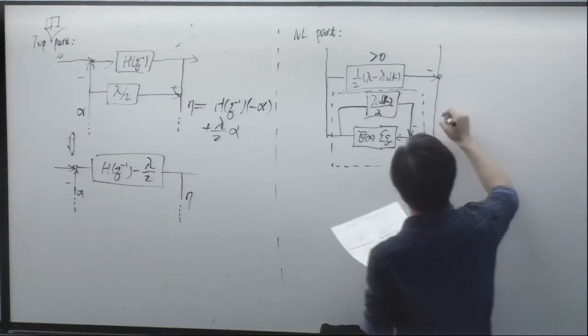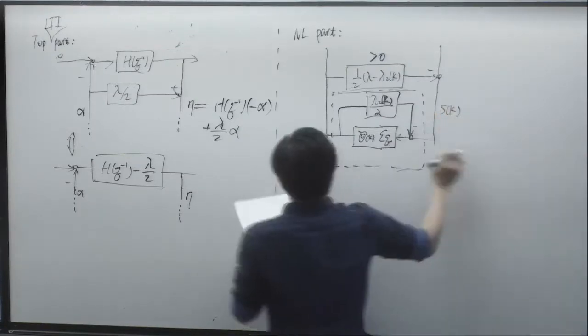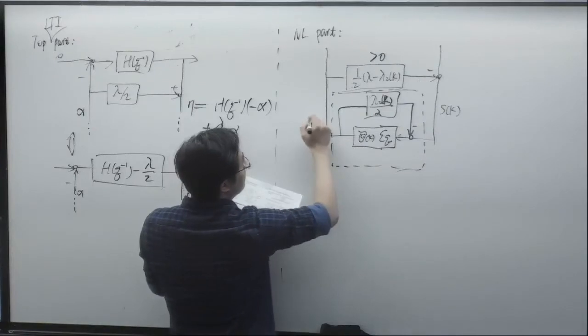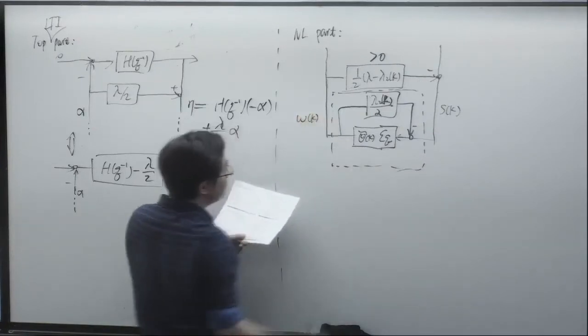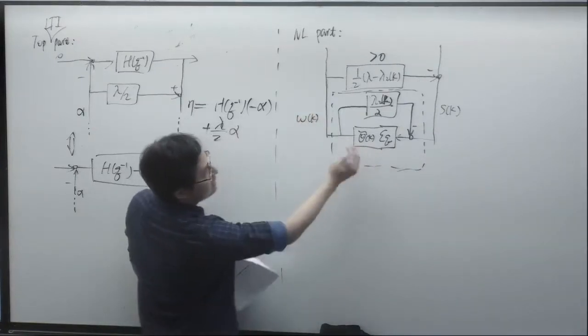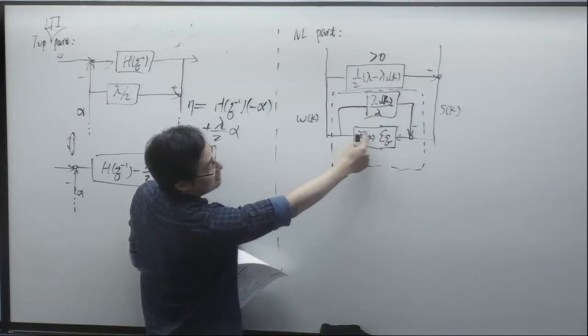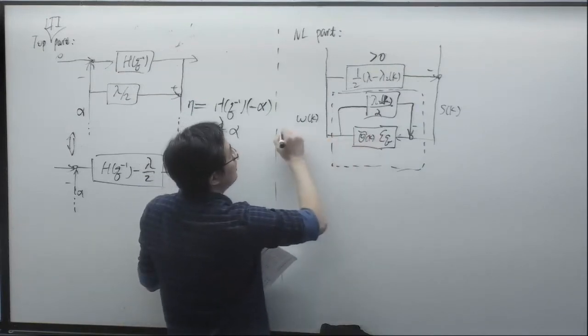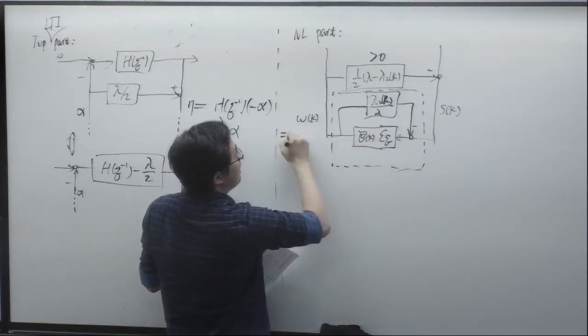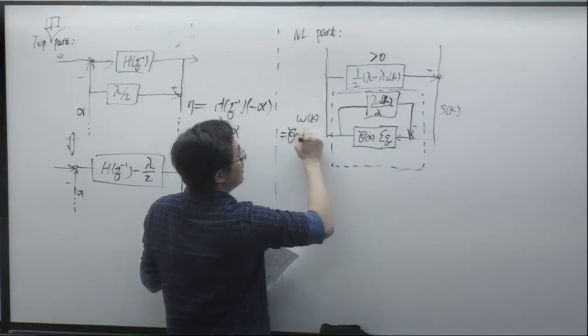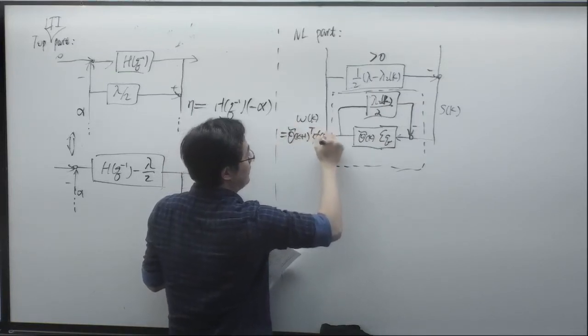I'm going to denote this as SK. The signal that comes out of this is WK. And we know in the past, the signal WK is the signal here. So the signal out of this theta tilde block is what we have used in the past. It's theta tilde k plus 1 transpose phi k.